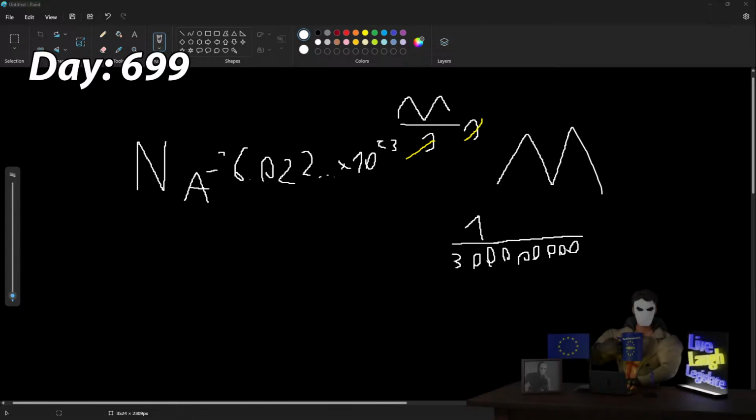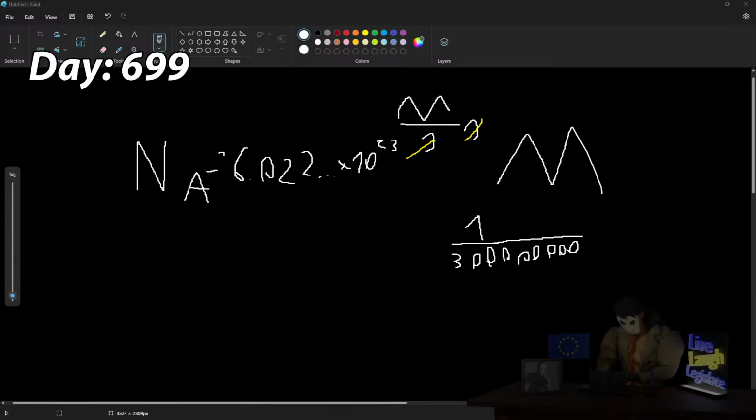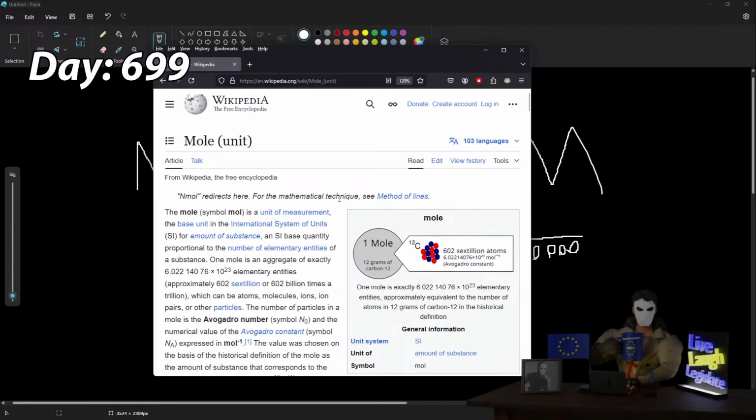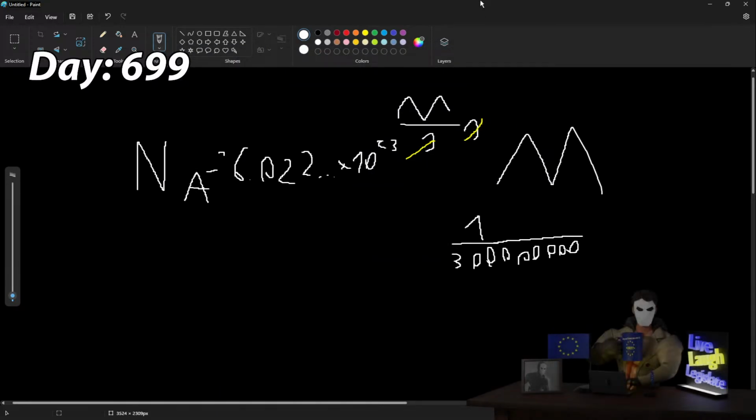The mole is, in fact, defined as 12 grams of carbon-12. That is where it comes from. And what's particularly idiotic about this is that when you take 12 grams of carbon-12, let me ask you this, why not 11 grams? Why not 13? Why not 2 grams?